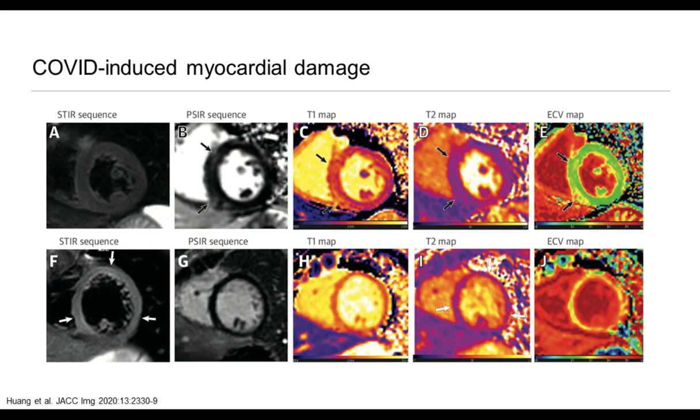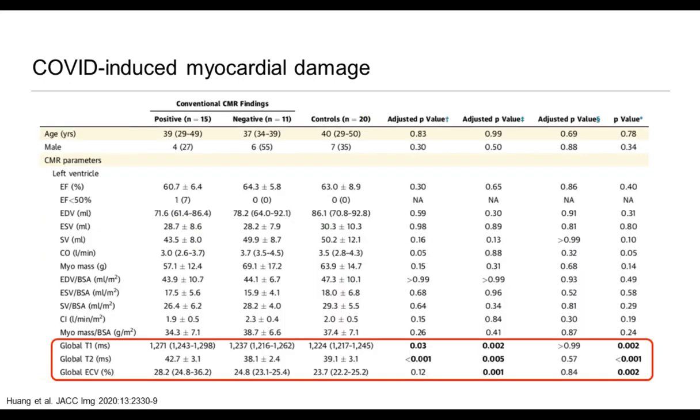And if we look at the quantitative data in this paper, you can see that these parametric maps are the ones that really are different between patients who have conventionally positive and negative MR sequences and controls. So this is a very strong reason to incorporate these mapping tools into your MR scanning protocol.